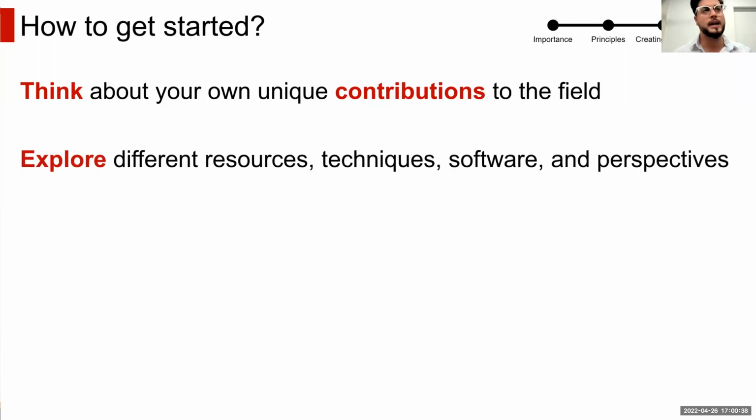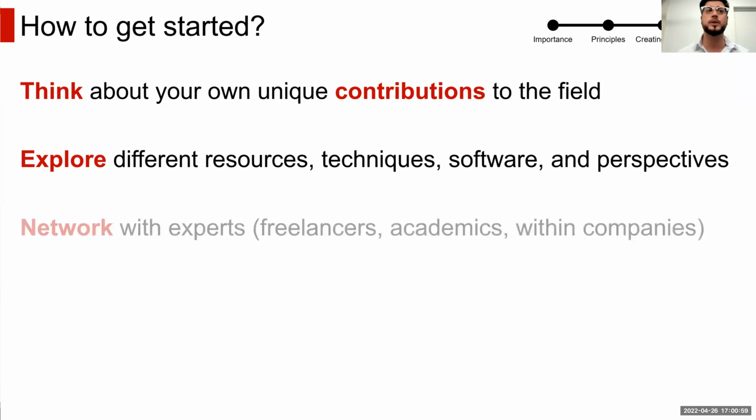Another extremely important thing is to explore different resources, techniques, software, and perspectives. We're also very fortunate to have everything very accessible in terms of contacting people from all over the world, getting software, and going to courses. So please take advantage of the beautiful time that we're living in to explore different perspectives and tools.